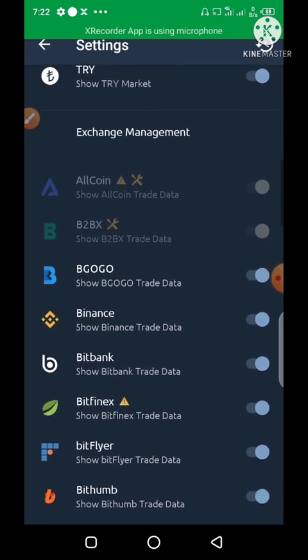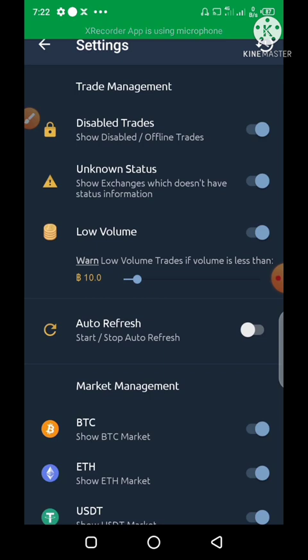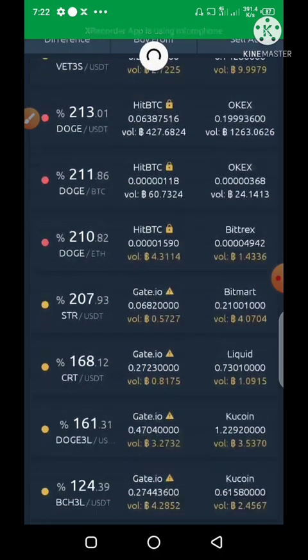And here is the exchange management. There are a lot of exchanges showing in this application. You have the right to switch any exchange you like off or on. So let me show you the right sign you need to see before you start trading any cryptocurrency using this application.